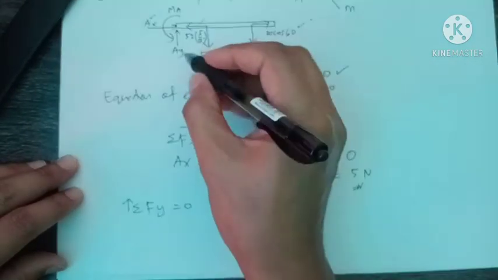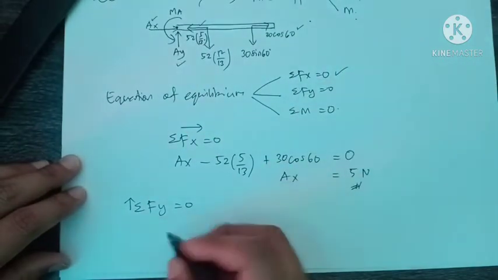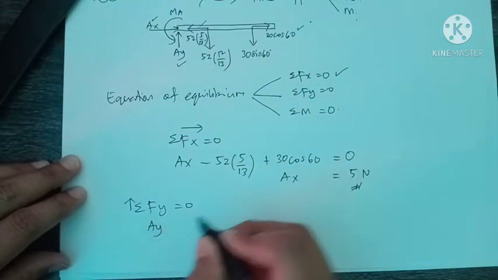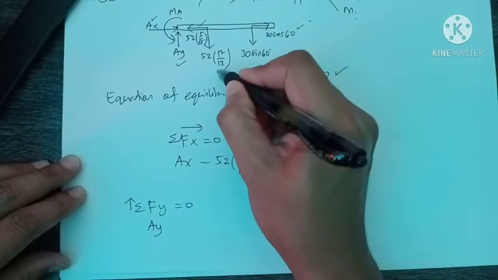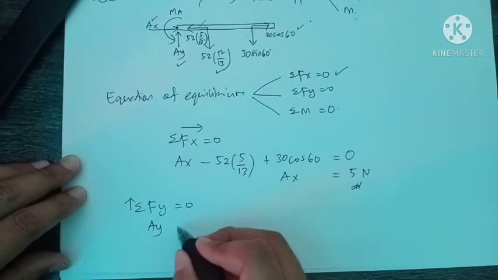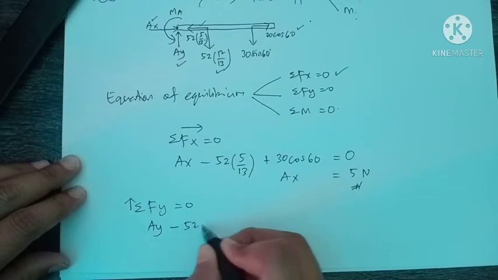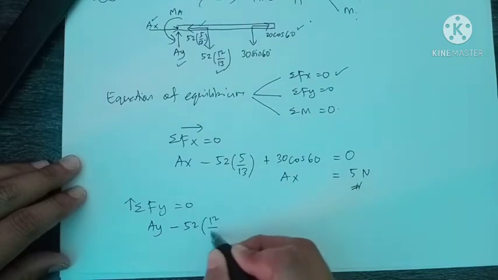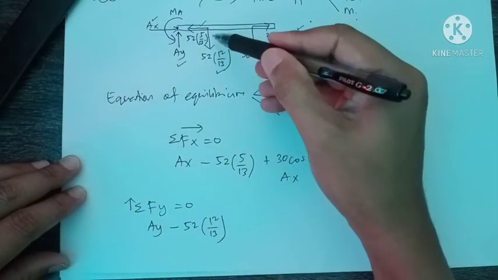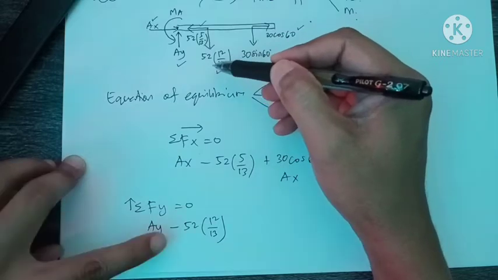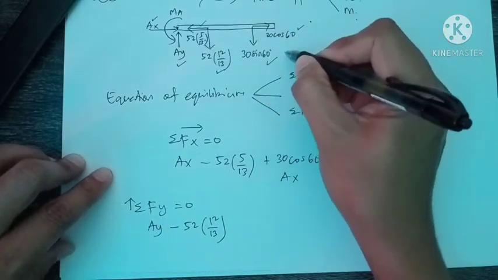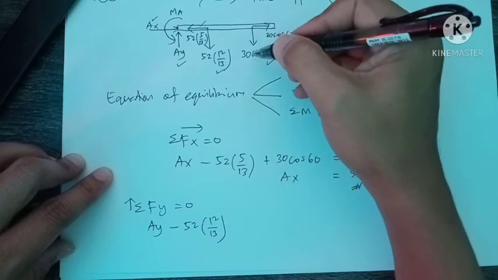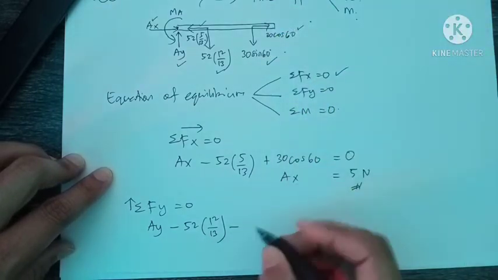So we have AY positive, and then we have force 52 12/13 here, negative 52 12/13. This force is directed downward, so it becomes negative here. And the last force is 30 sin 60, also downward, so it will be negative here.